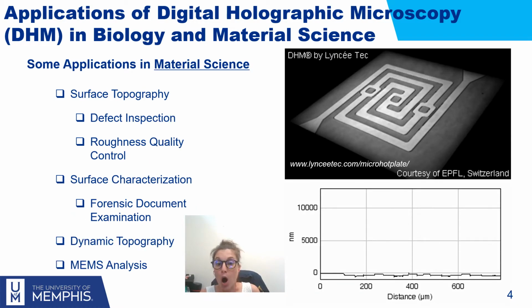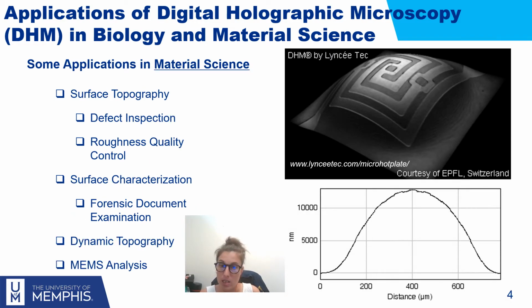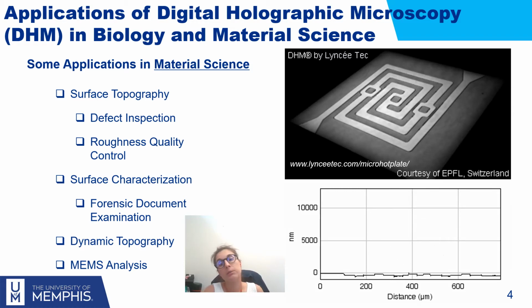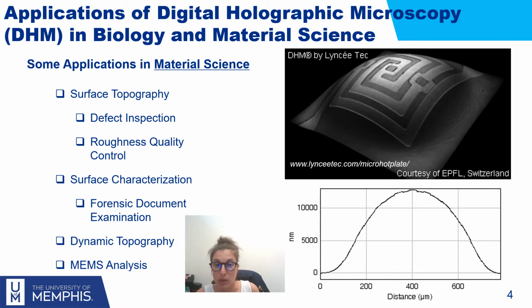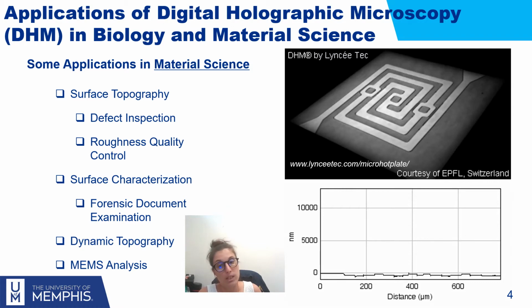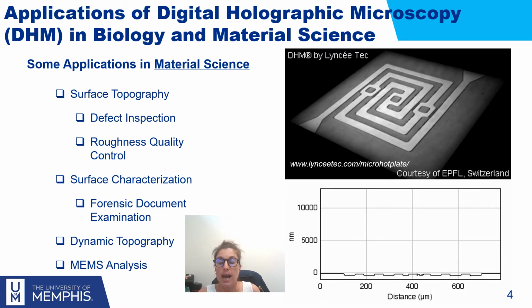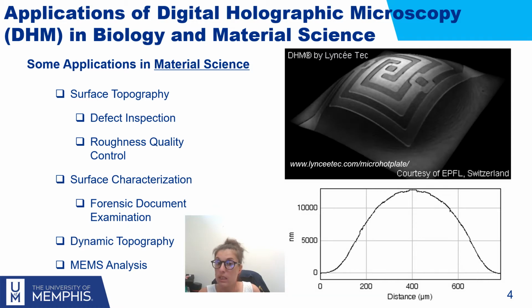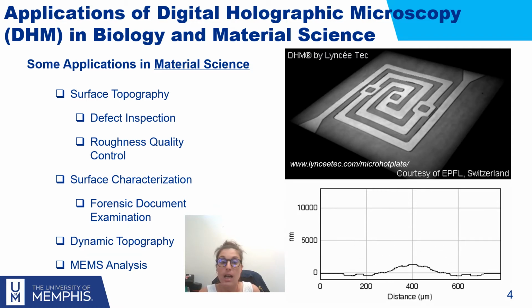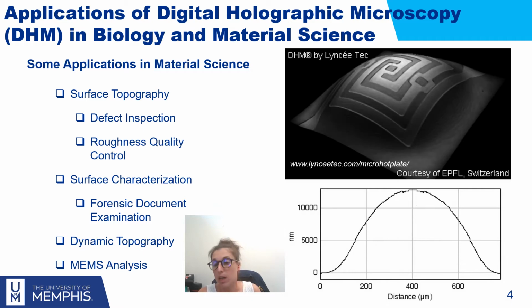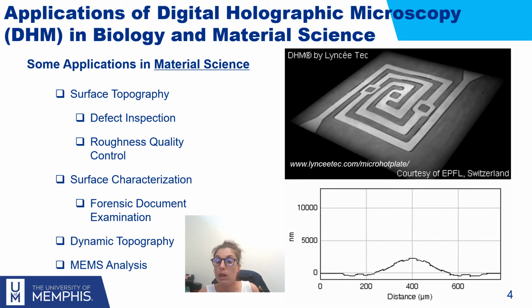In terms of material science, DHM systems are also widely used to image the surface and topography of material samples. For example, we can analyze the surface topography, see if there are defects, and determine the roughness of a surface, which is useful for quality control.